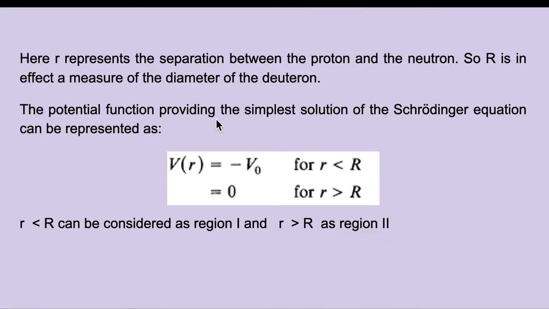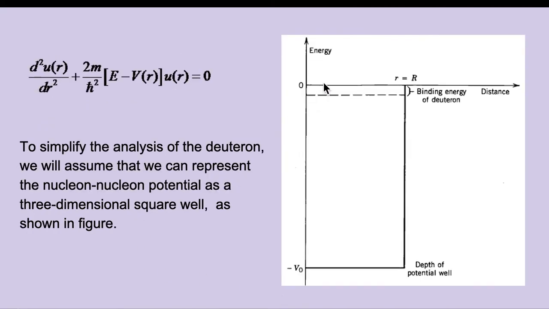The potential function providing the simplest solution of the Schrodinger equation can be represented as V of r equal to minus V0 for small r less than capital R, and V of r equal to 0 for small r greater than capital R. Small r less than capital R can be considered as region first, and small r greater than capital R as region second. So this is the region first and this is the region second.